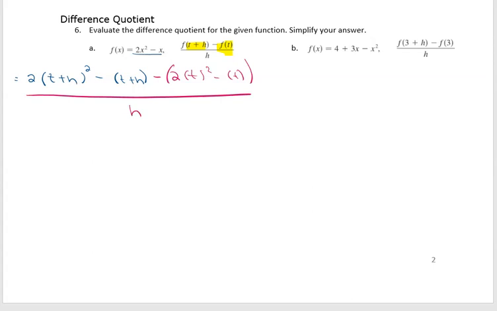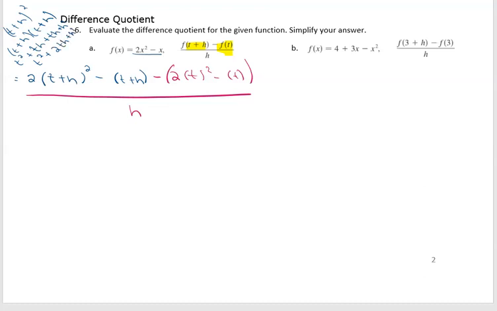So here we have t plus h quantity squared. Let's figure that out. So t plus h quantity squared, that means t plus h times t plus h. So FOIL, that'll give us t squared plus th plus th plus h squared. Simplify, t squared plus 2th plus h squared.